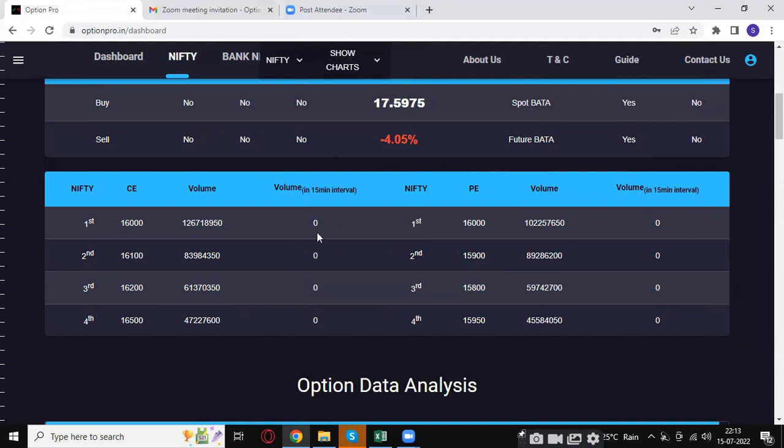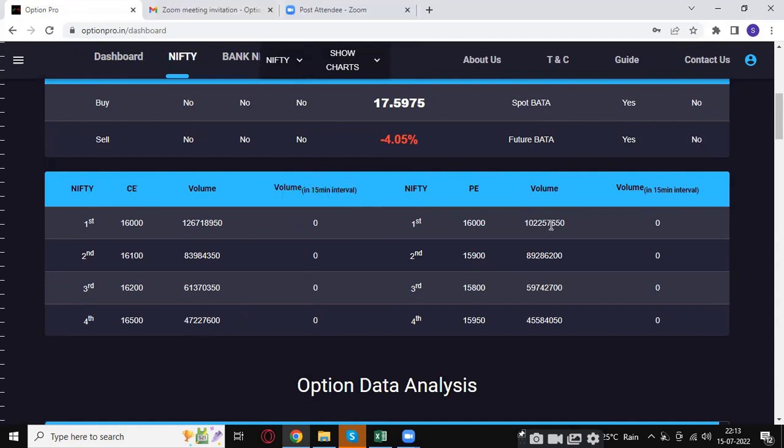Okay, so here is what I was talking about, the volume change happening, right? Here we have given the top 4 volume strike prices for call and put, and given the volume of all those strike prices. And also we have given what change is happening on volume in 5 minutes or 15 minutes.